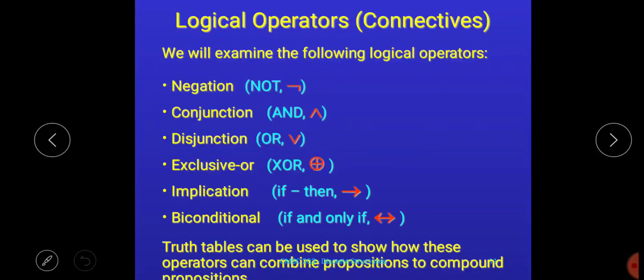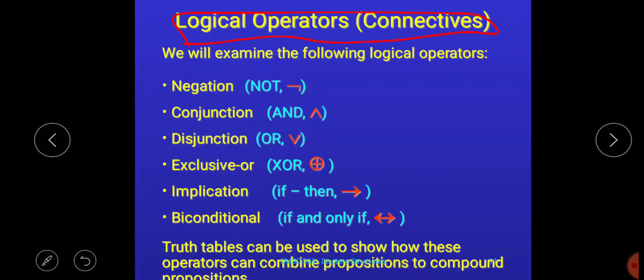In our first lecture, I already told you that this is a logical paper, so you need to solve some problems as well, and to solve problems we must take reference of these points. So once again we'll repeat: logical connectives, or rather logical operators, are used to connect one or more propositions together.